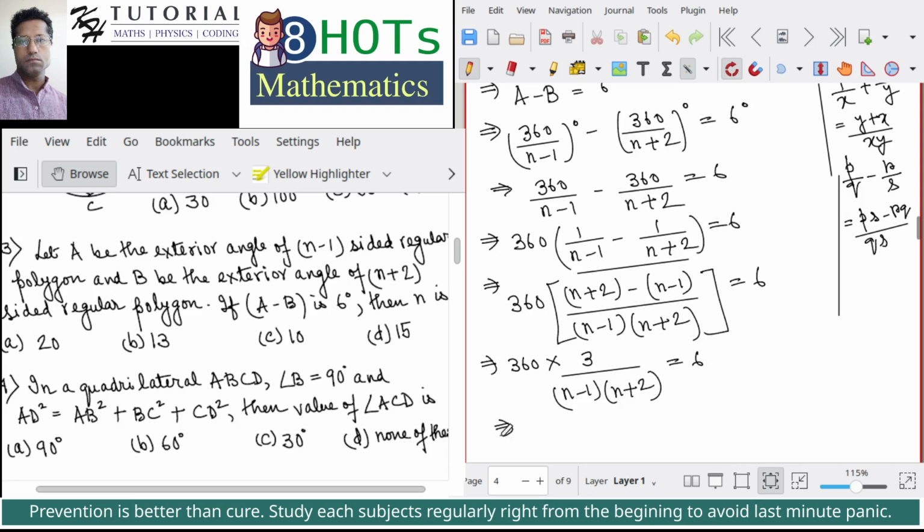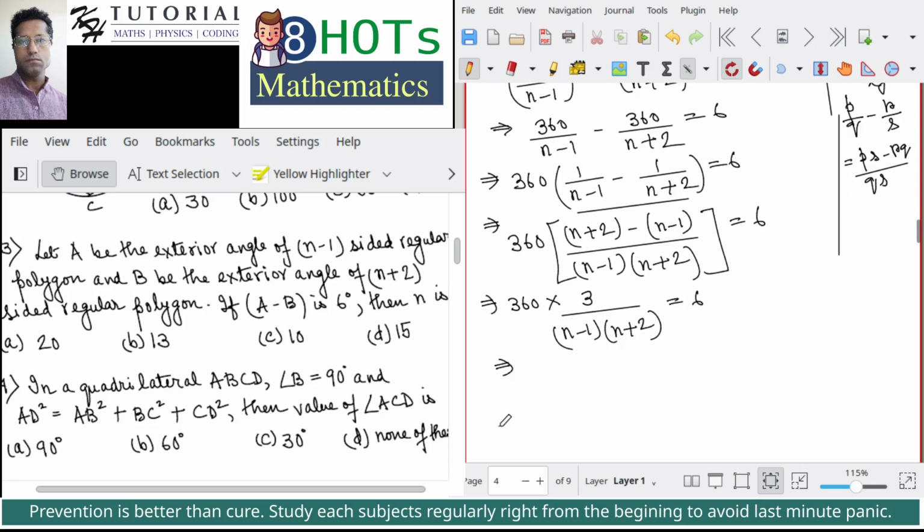So if we do cross multiplication, we will have 6 into n minus 1 multiplied by n plus 2 is equal to 3 into 360. Dividing both sides by 6, we have n minus 1 multiplied by n plus 2 is equal to 3 multiplied by 360 divided by 6.